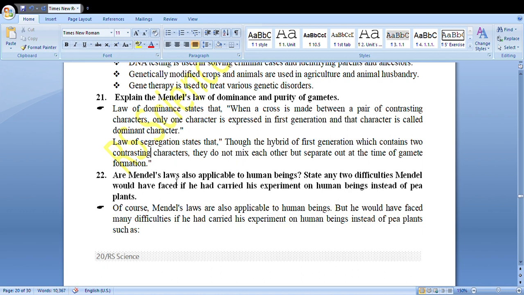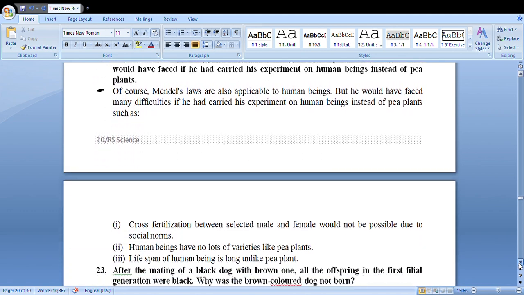Now question number 20, are Mendel law also applicable to human beings? State any two difficulty that we would have faced if Mendel law is applied to human beings instead of pea plant. Of course Mendel law are also applicable to human beings, but you would have faced various difficulties if the experiment is carried out in human beings.